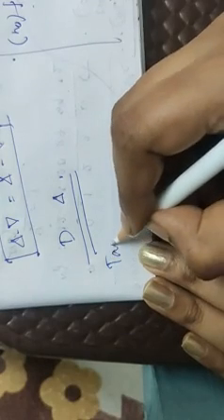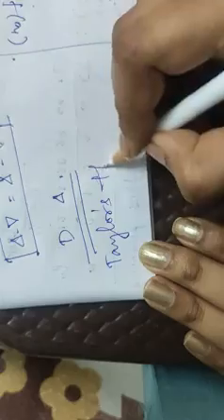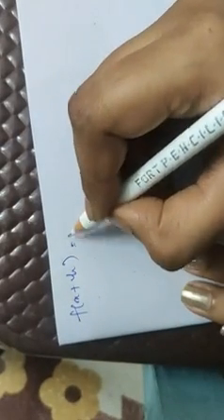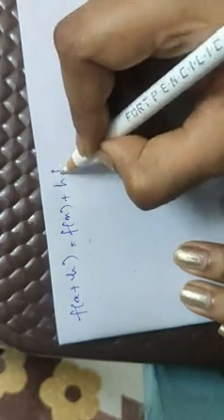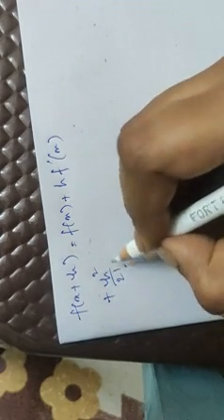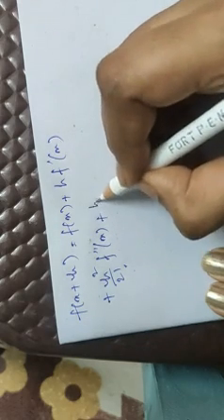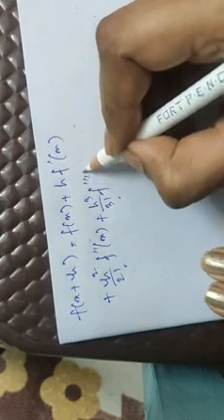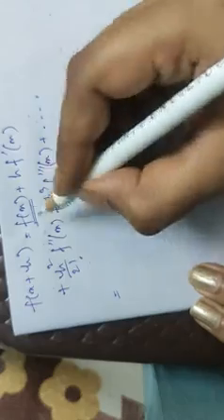Now we will apply Taylor's theorem here. Applying Taylor's theorem over f of x plus h, we will get f of x plus h f dash x plus h square by factorial 2 f double dash x plus h cube by factorial 3 f triple dash x, and so on, right? Keeping this one as f of x.